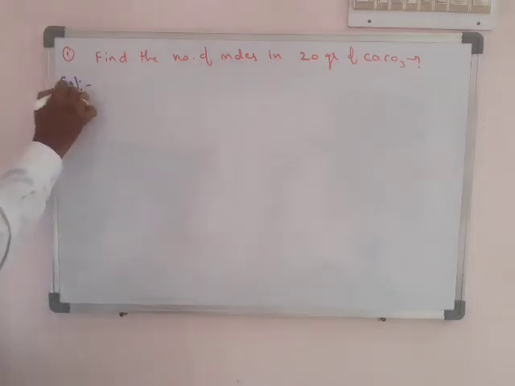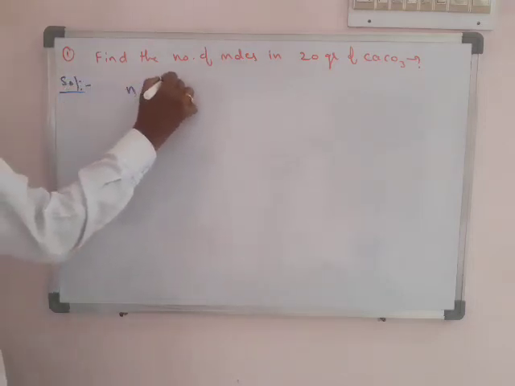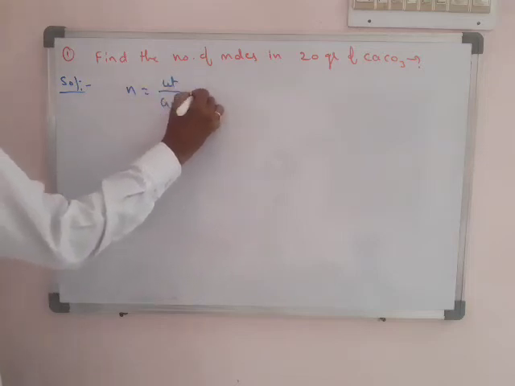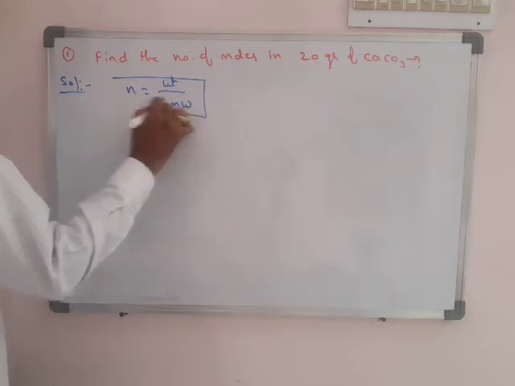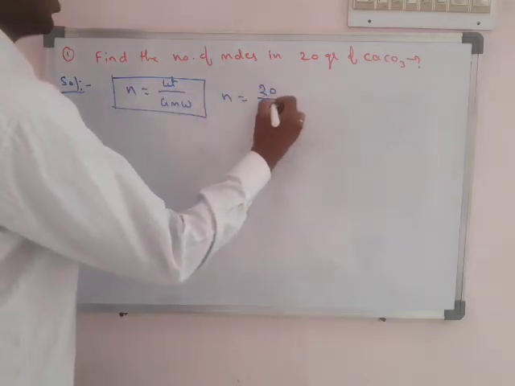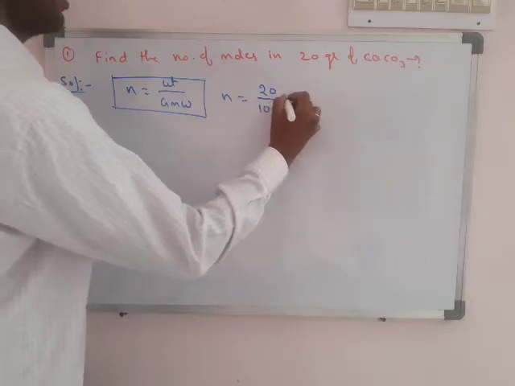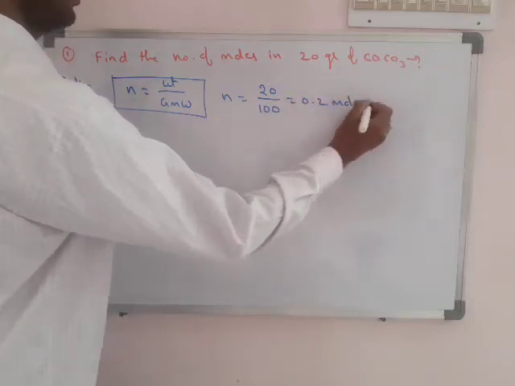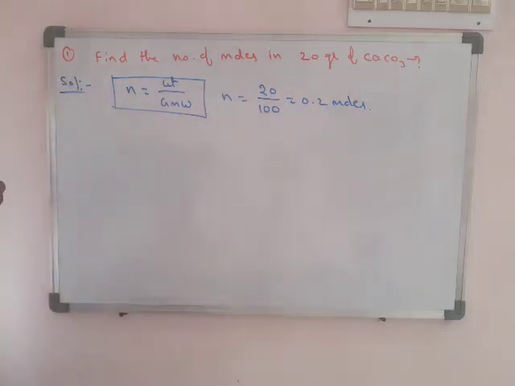You remember that: number of moles is equal to weight by gram molecular weight. Therefore, number of moles equals 20 grams by molecular weight 100, so that is 0.2 moles. It means we need to remember the molecular weight of compounds.